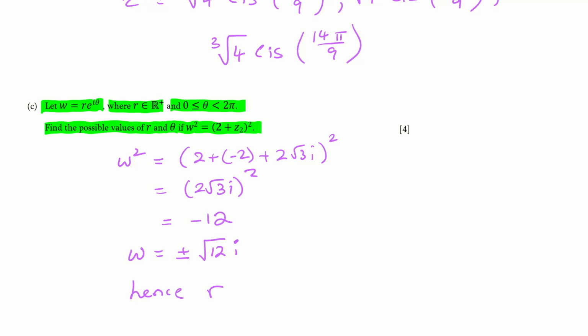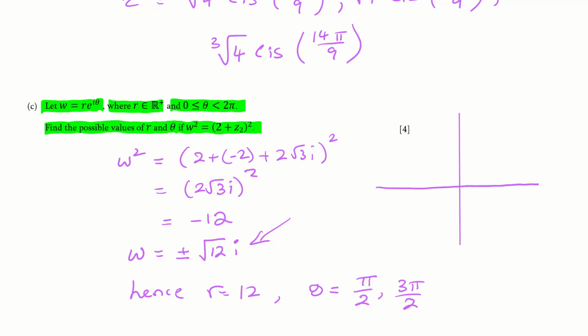Hence, R is equal to root 12, and theta would be pi by 2, or 3 pi by 2, because this is purely imaginary, and so we would be here or here, so this is pi by 2, and then if we go all the way around, that is 3 pi by 2.